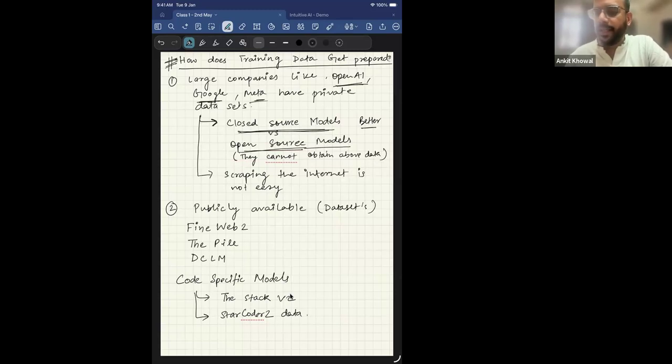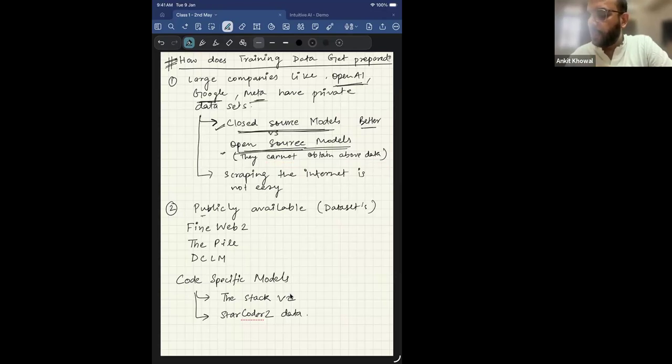Open source models cannot go in and scrape the internet. Only Google can scrape the internet and get all the articles from the internet. It's not possible for all companies. So that is the point, why closed source models are better than open source models. But what is the data that these open source models are created on?